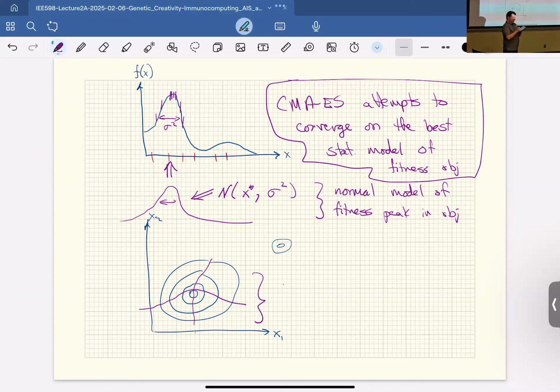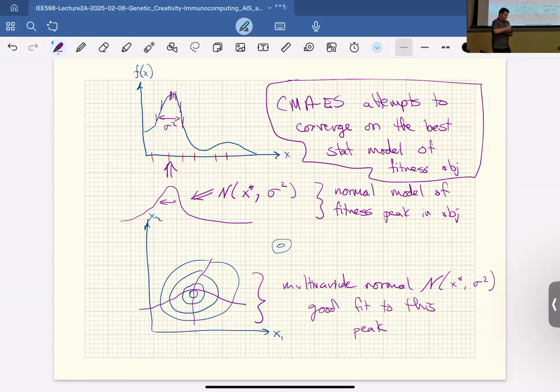So it ends up being a multivariate normal that is centered on the X star that has a variance that is a good fit to this peak. And that's, again, summarizing what you get kind of out of CMA-ES.